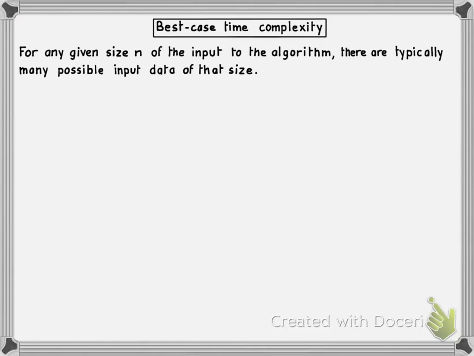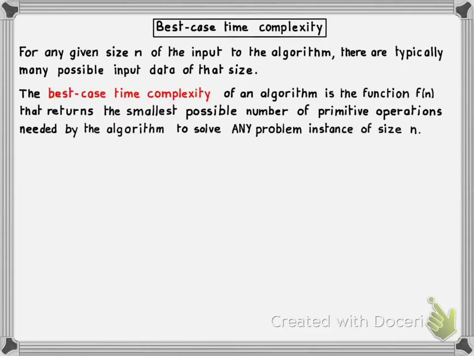But not only that, the point is that for each possible specific data of size 5, there could be a different time complexity. So now we're going to focus on a special case called the best case time complexity of the algorithm.